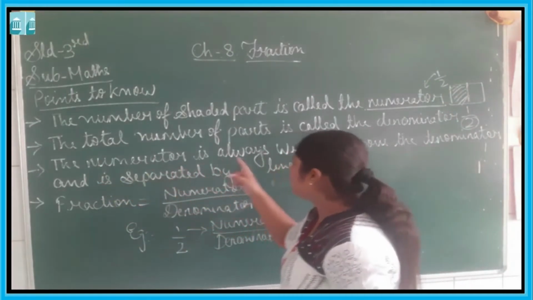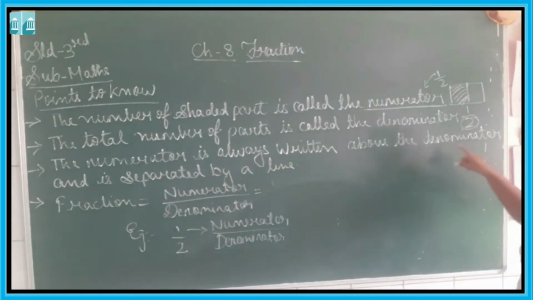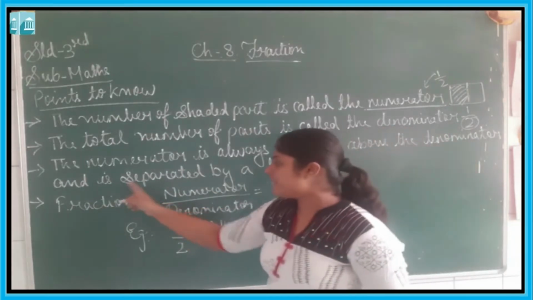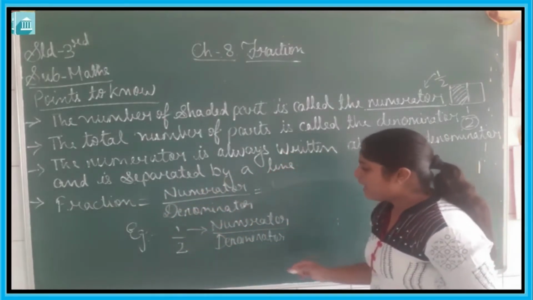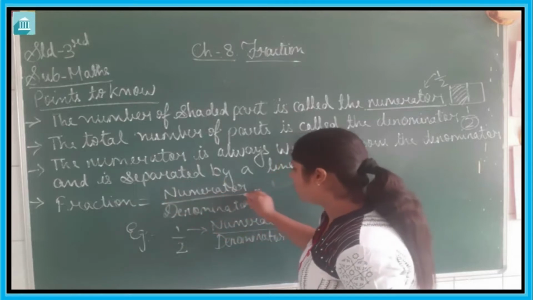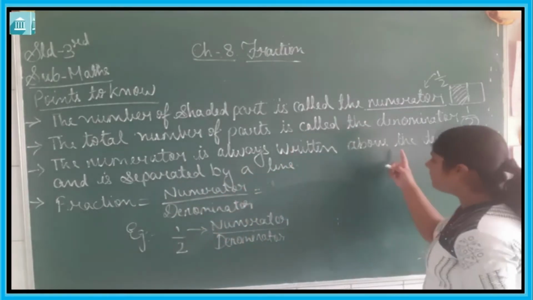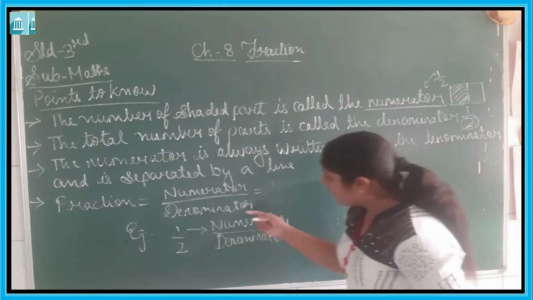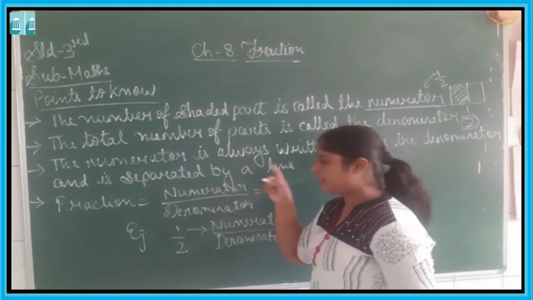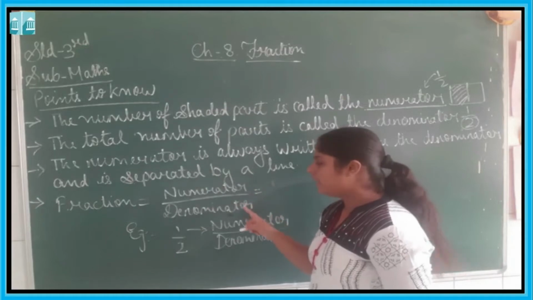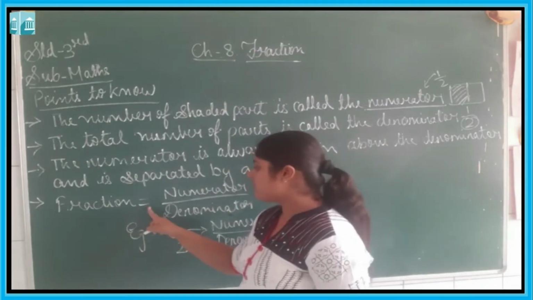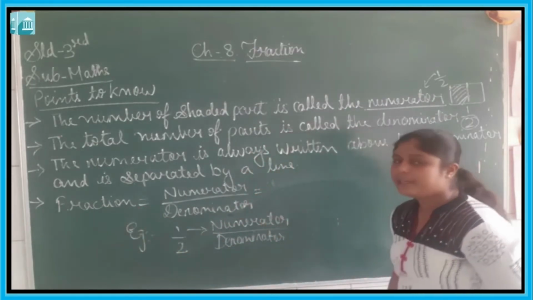Now the numerator is always written above the denominator and is separated by a line. We will separate the two with a line. The numerator is always written above the denominator, meaning first numerator then denominator. Fraction is equal to numerator by denominator.